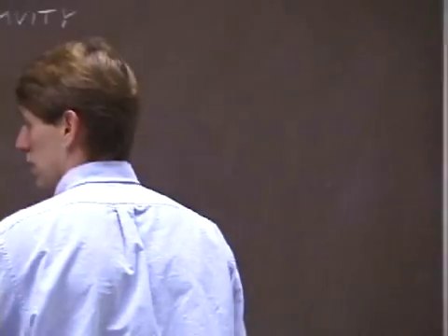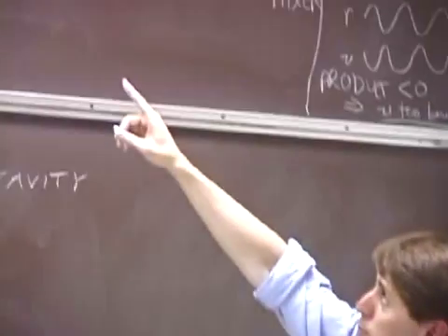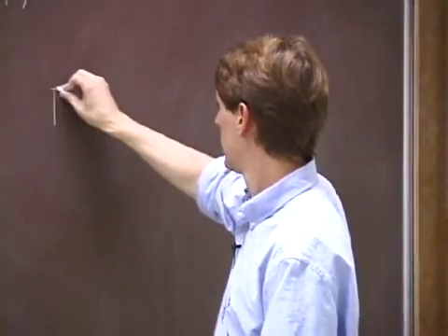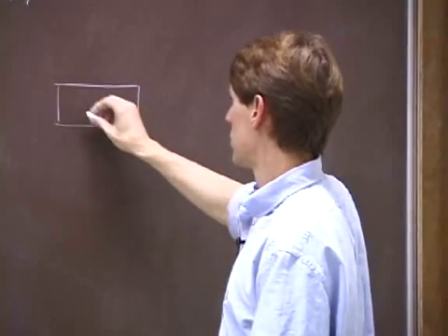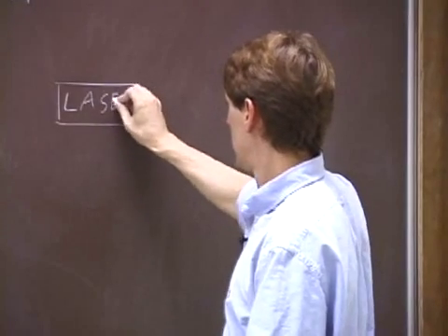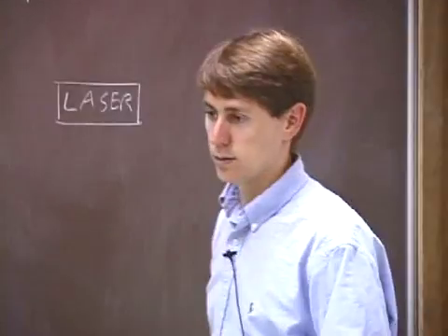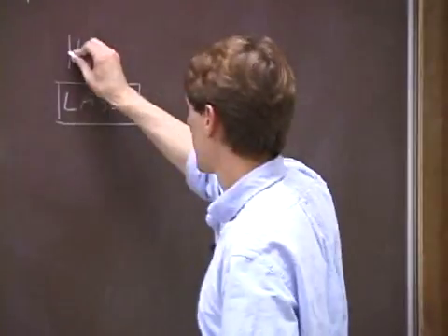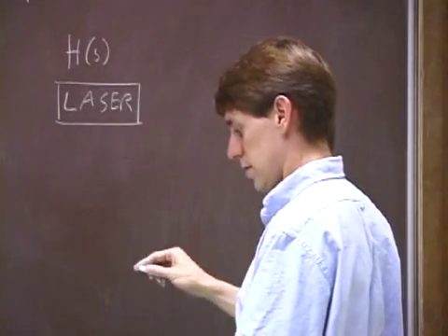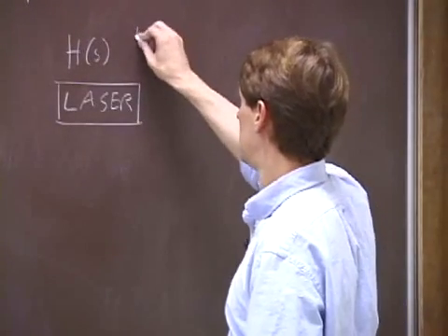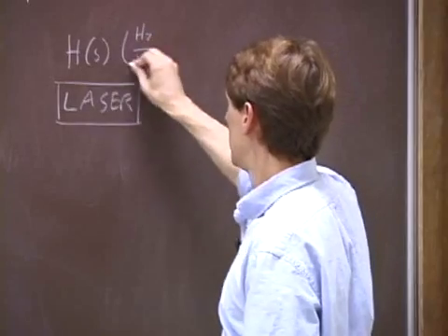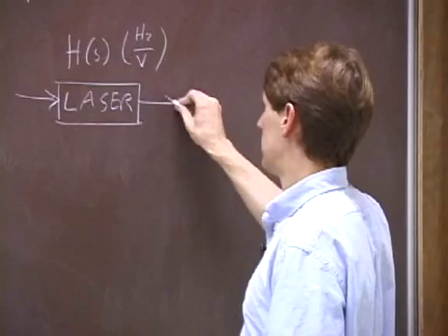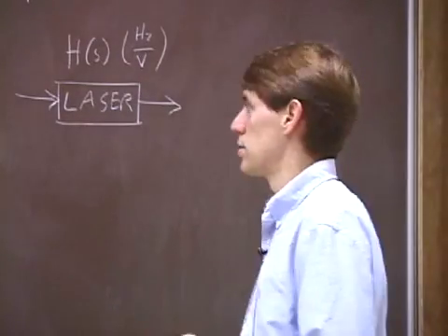And so if we draw a control system block diagram to represent this laser locking system, we can represent the laser by a block. I decided to call that H of s, which has units of hertz per volt. That is, you put a voltage in and you get some frequency of the laser light out.